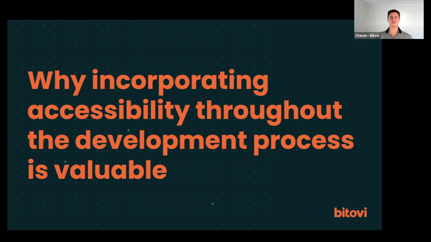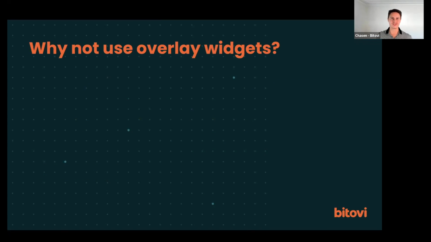To wrap up, I want to talk about why incorporating accessibility throughout your development process, and trying to shift left on accessibility to be earlier in the process, is valuable. But first, I want to talk about why we don't use accessibility widgets or overlays. These widgets are said to add accessibility into your site.